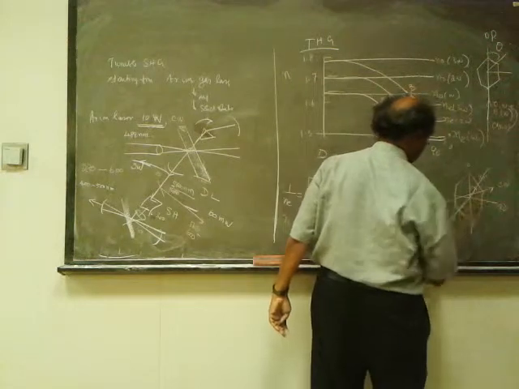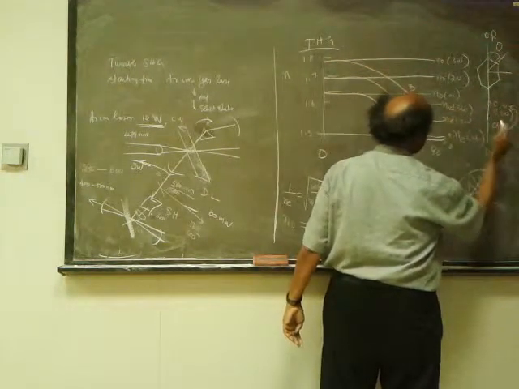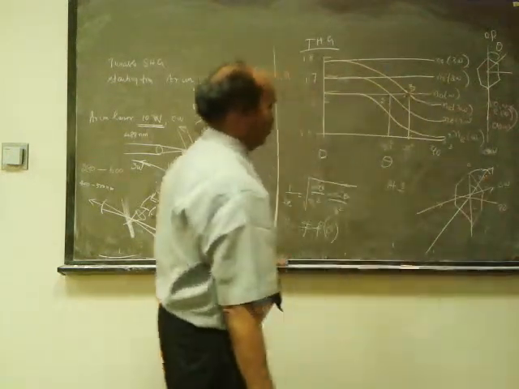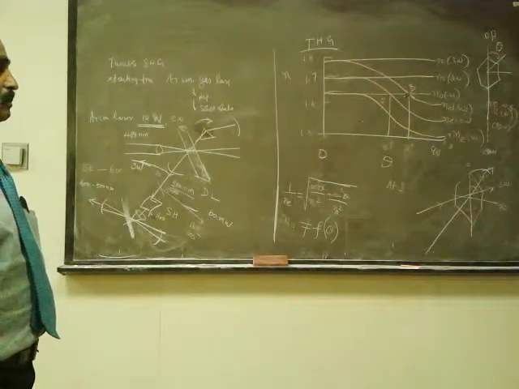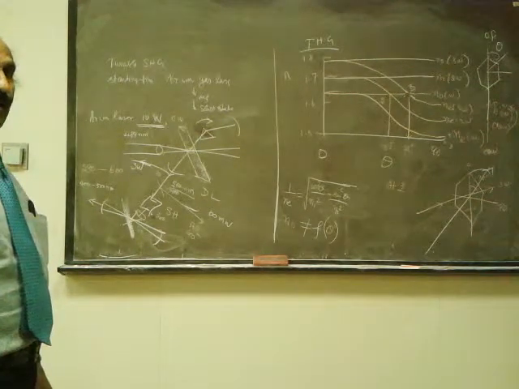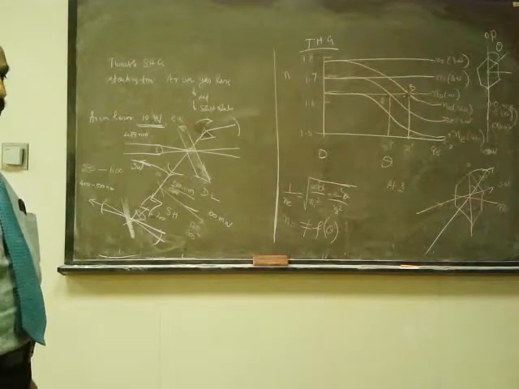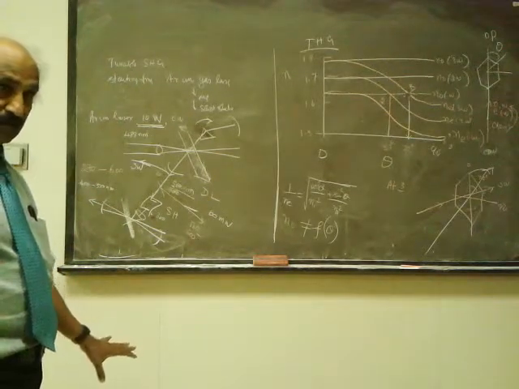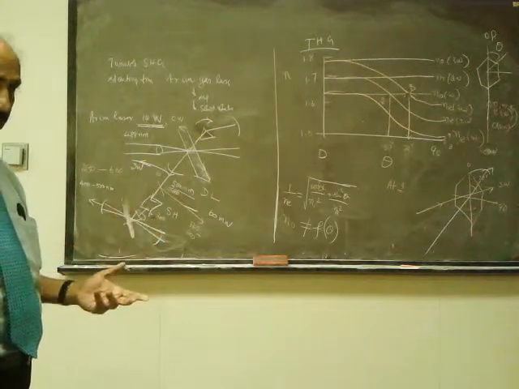If I send it like this, I will get second harmonic. So we just change the angle and come to that one. That means the same KDP, I can use it for second harmonic or third harmonic.